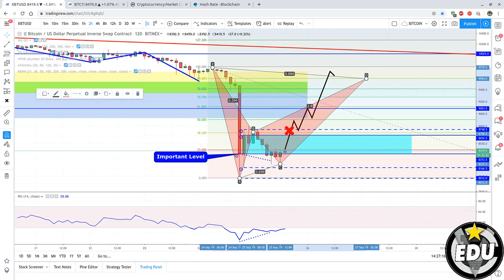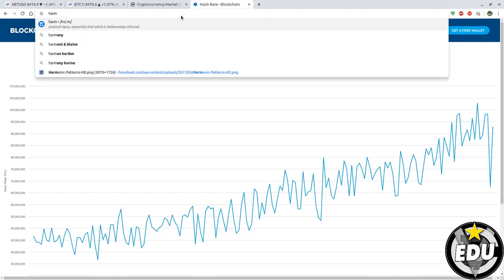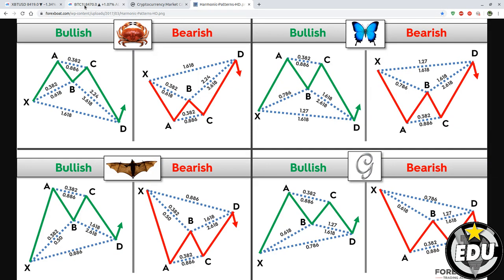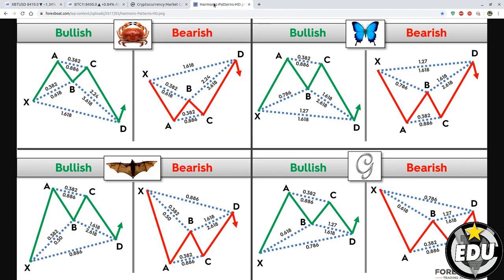Let's see in the harmonic patterns. I don't know this by heart. So 70, 38. 38 here, 88 is usually, and then 88. So could be a bearish bat, could also be a bearish crab.